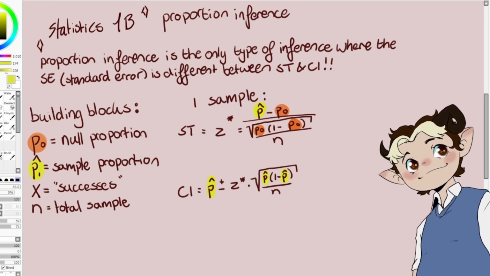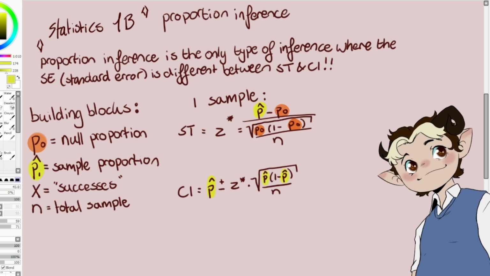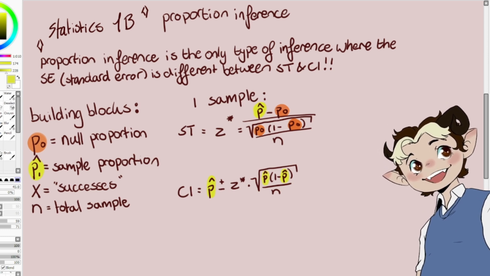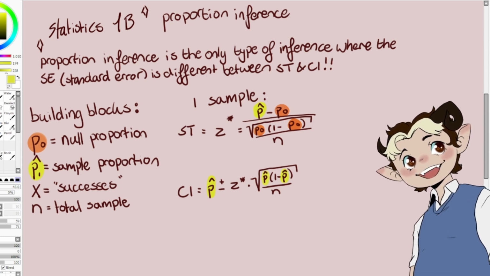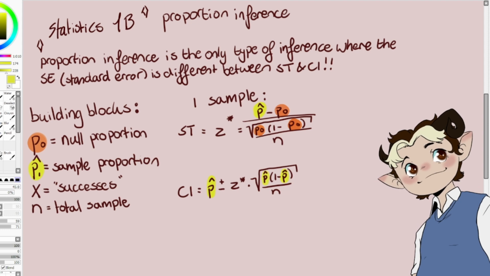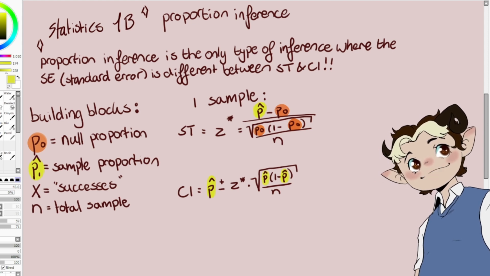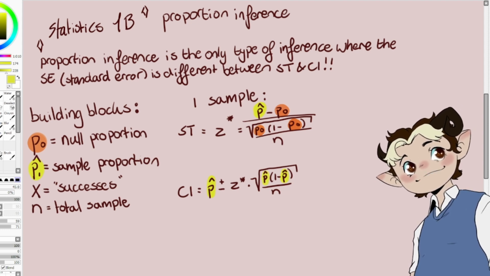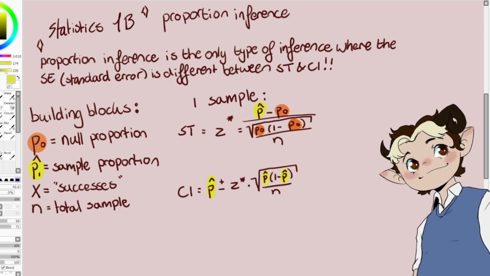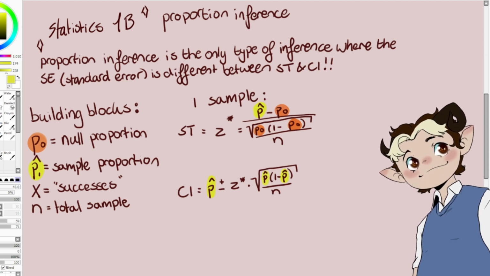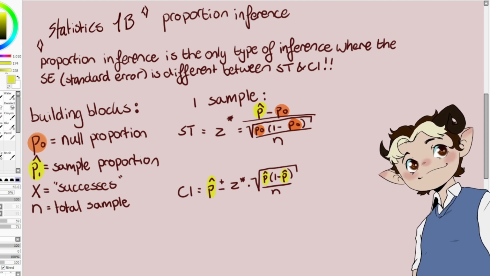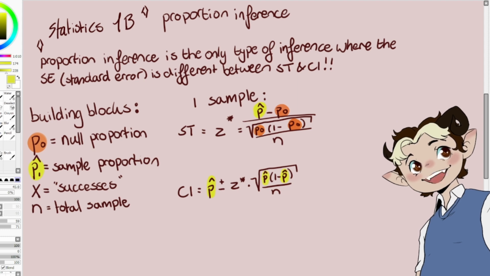There is no real rhyme or reason to it, at least I haven't found a way to easily memorize this, especially for the one sample. But just keep in mind that under the root, we use the null for a significance test, and the p hat in the confidence interval.